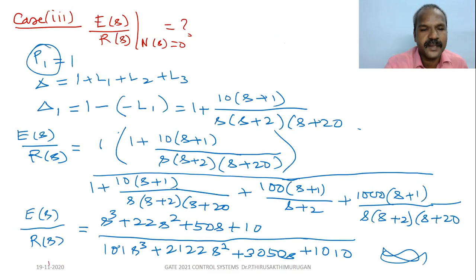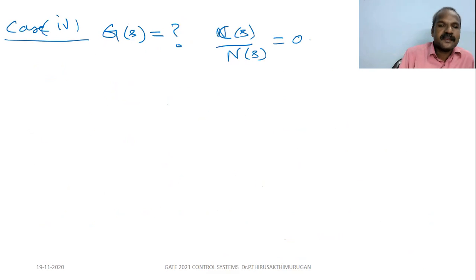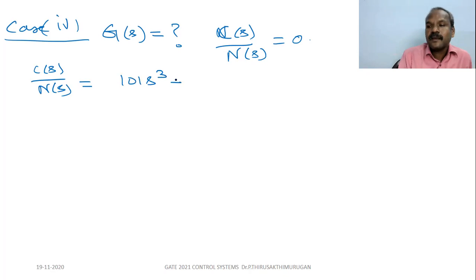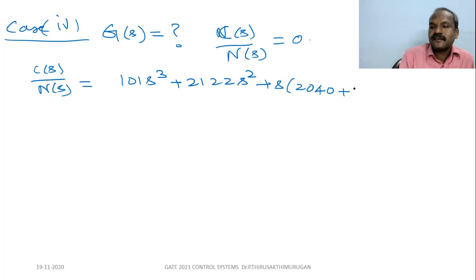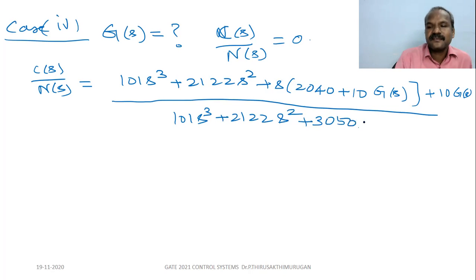So what we found for c of s by n of s, what is that? Tell me. Amida, tell the answer. c of s by n of s equals, what is the transfer function? 101 s cube plus 2122 s square plus s into 2040 plus 10 g of s, divided by the denominator, that is 101 s cube plus 2122 s square plus 3050 s plus 10. This should be equal to 0, right?